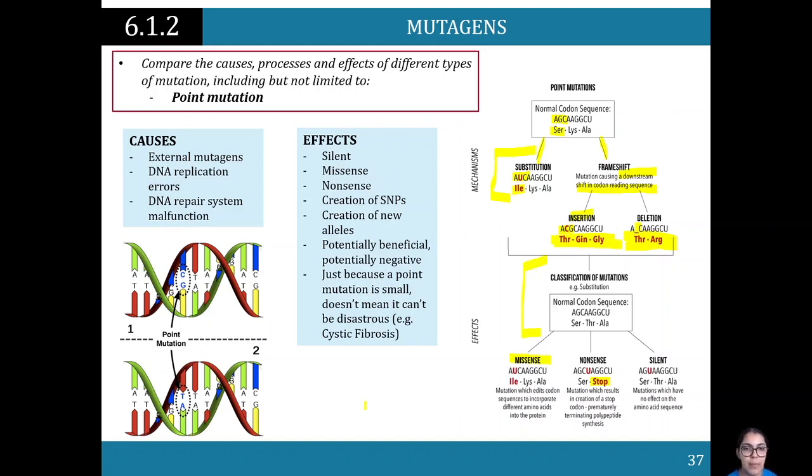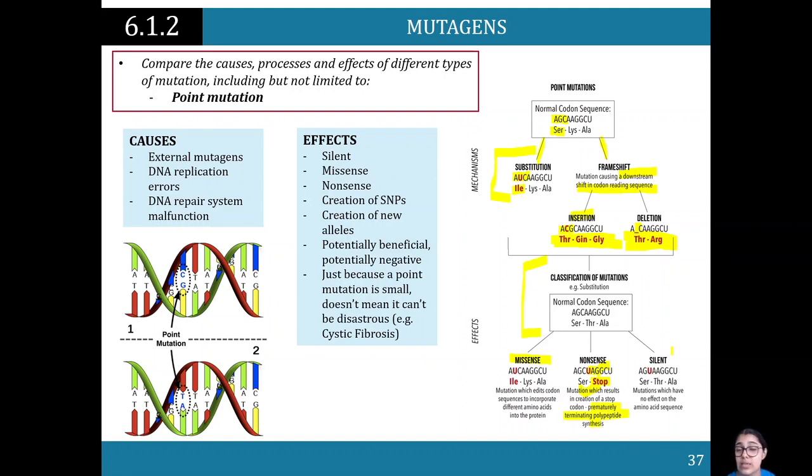It should pop up, and you could see, for example, that the codon here, AUAG, is a stop codon. That is telling us that the process stops. It has prematurely stopped the process, and it has prematurely terminated the polypeptide synthesis.